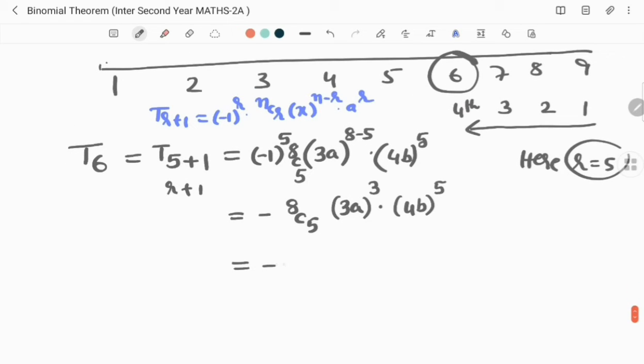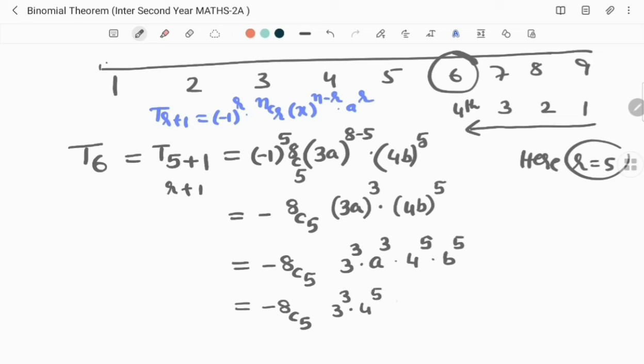So which is equal to minus 8c5 3 power 3 into a power 3 4 power 5 into b power 5, which is equal to minus 8c5 3 power 3 into 4 power 5 a cube b power 5, which is the required t6. T6 means the fourth term from the last in the expansion. T6 equal to minus 8c5 3 power 3 4 power 5 into a cube into b power 5.